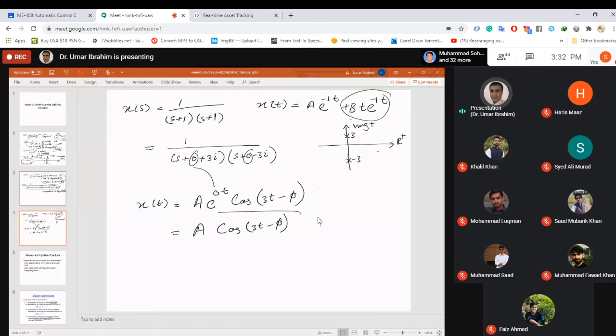The system response decays if this is minus some value, and grows if it is plus some value. It will neither decay nor grow because e raised to the power 0t is always equal to 1 for any value of t. So the system will just oscillate as a cos function with an amplitude equal to a. Clear so far, students?